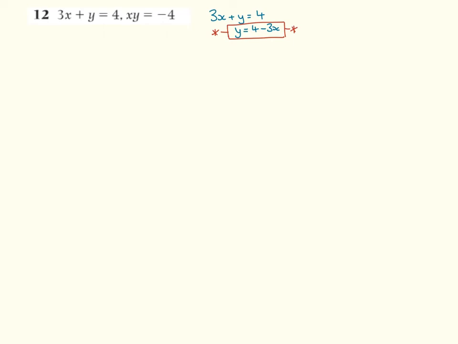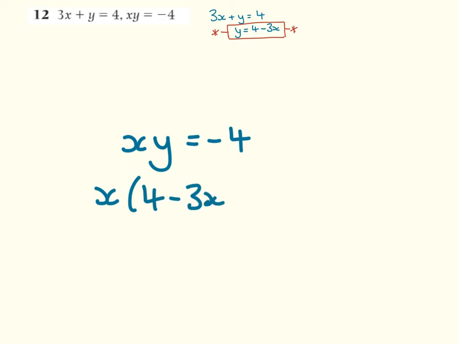So I'm going to take the nonlinear one now, which is xy equals negative 4. And I'm going to substitute that y for 4 minus 3x. So I'm just going to replace the y with a bracket and the expression 4 minus 3x. Close your bracket, equals negative 4.